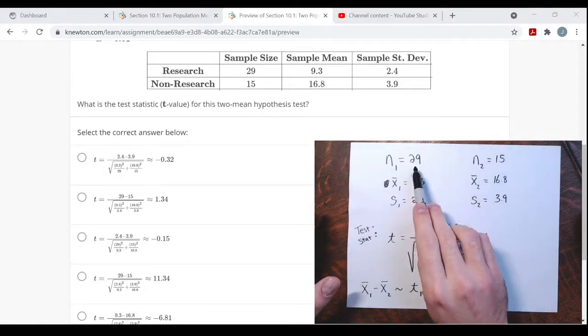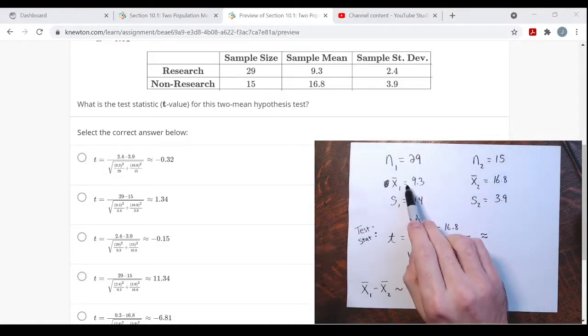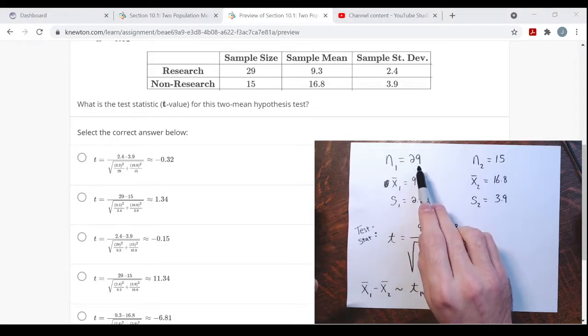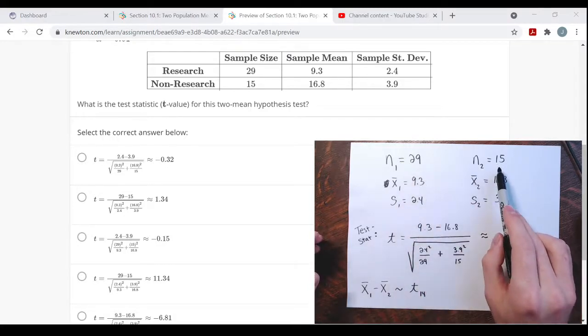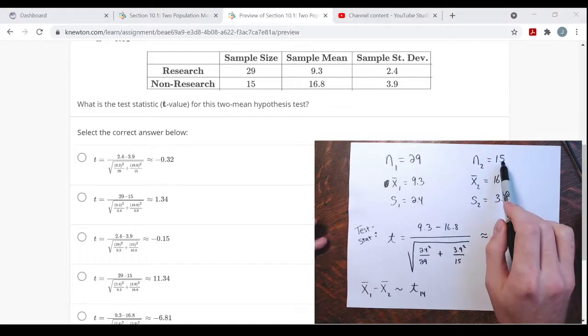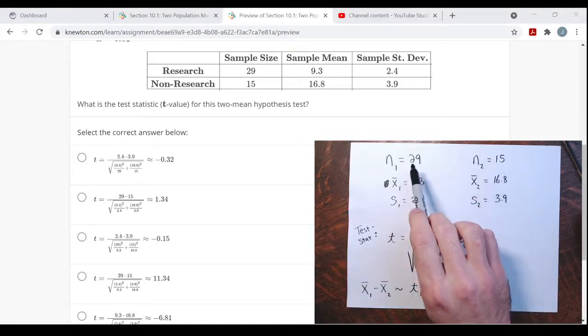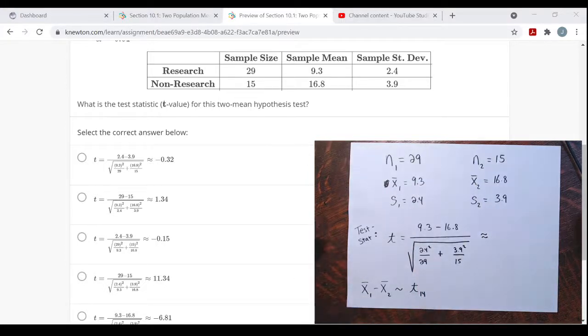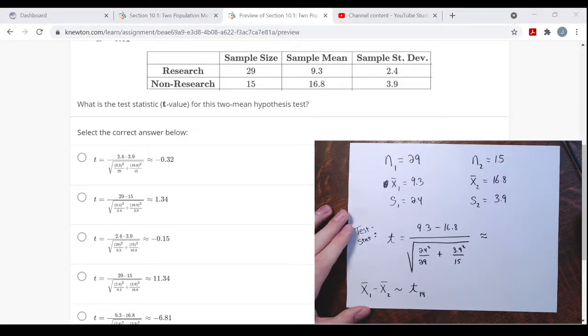The x1 bars would be a t-distribution with 28 degrees of freedom, and the x2 bars would be a distribution with 14, and the smaller of 28 and 14 is 14. That's what we're going to use for the difference in the two. We're going to be more conservative and use the smaller of the two numbers. But this is only for this non-pooled scenario.